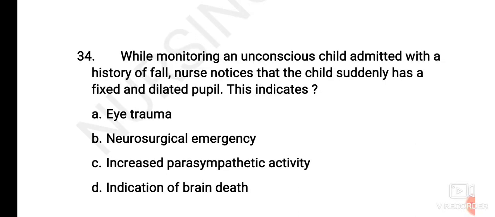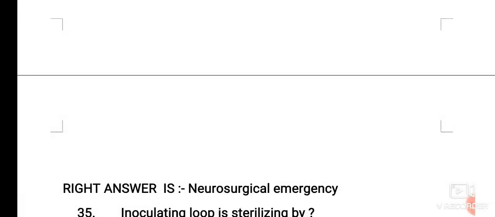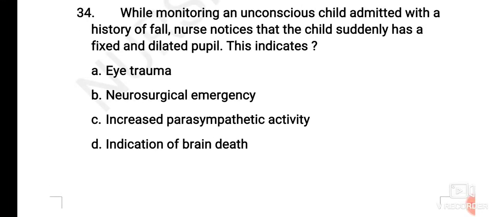So, the correct answer is this indicates that there is a neurosurgical emergency, because a fixed and dilated pupil has an incidence of brain trauma. That means there is an injury in the brain.